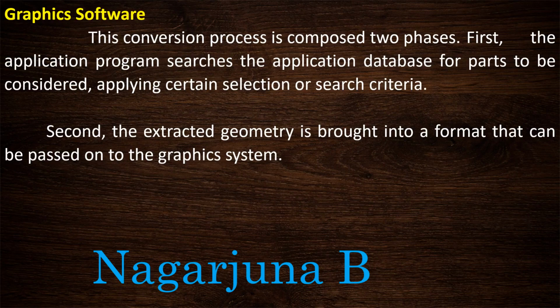In an application database, there will be the description of the object or the data which has to be displayed. So the application program will search the application database for parts to be considered, applying certain selection or search criteria, for the purpose of conversion.